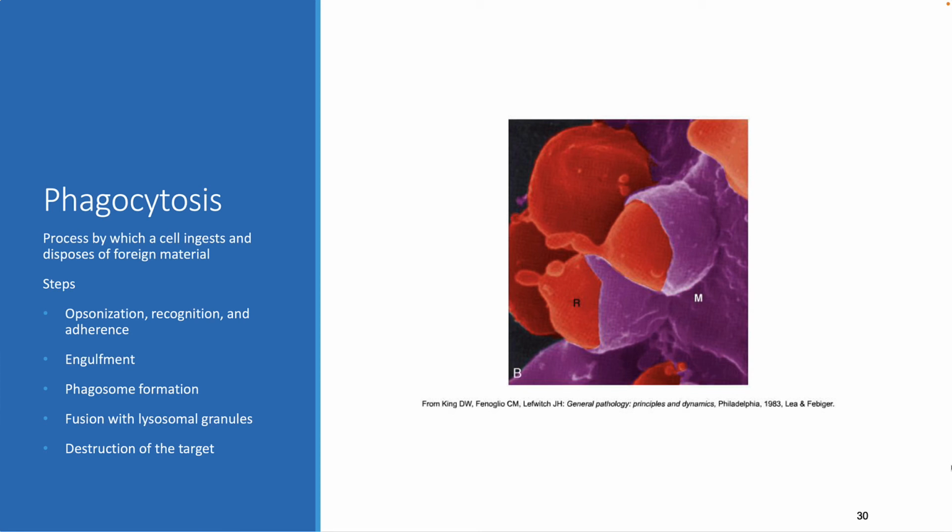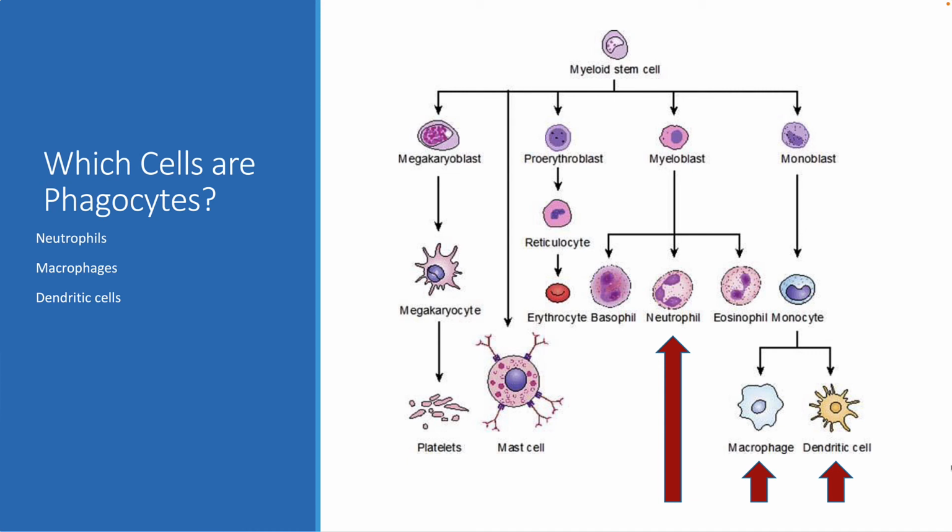Then there's fusion with those lysosomal granules to break down the product, the phagocytized item, and then destruction of that target occurs. So, which cells are phagocytes? Again, remember that it's neutrophils, macrophages after their role as monocytes, right?